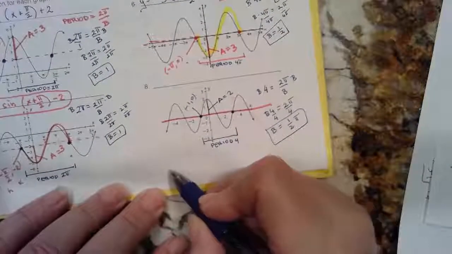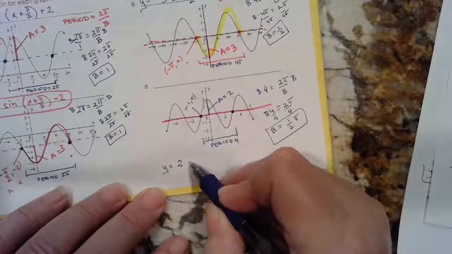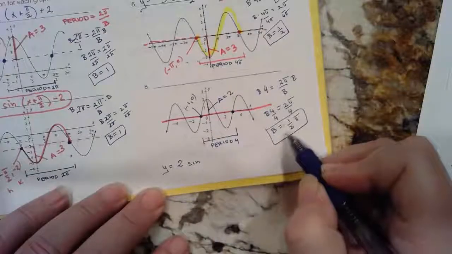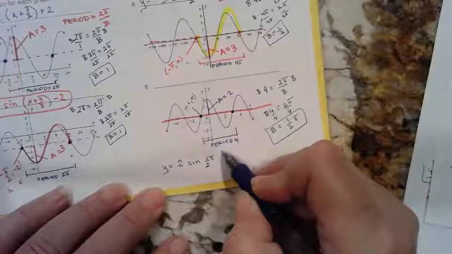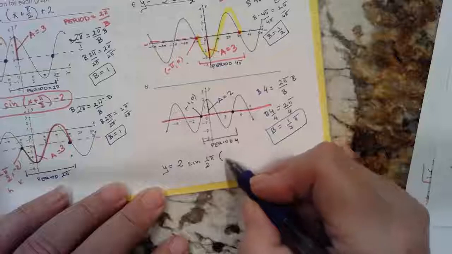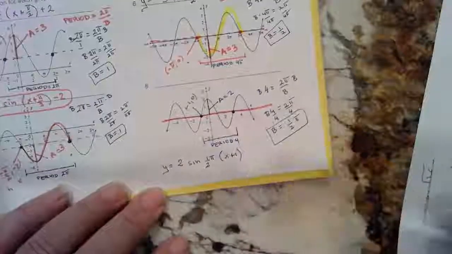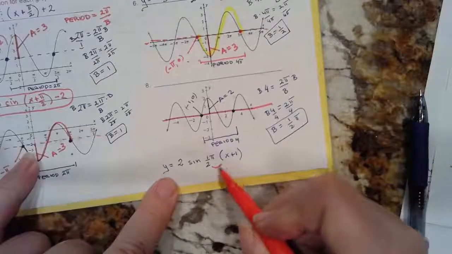So y is equal to a is 2 sine, b is 1/2 pi, so it's going to be 1/2 pi parenthesis. It's not going to be x minus 1, it's going to be what? X plus 1. Now, why is this not my final answer? What do I still have to do? Hopefully you realize that you still have to distribute.